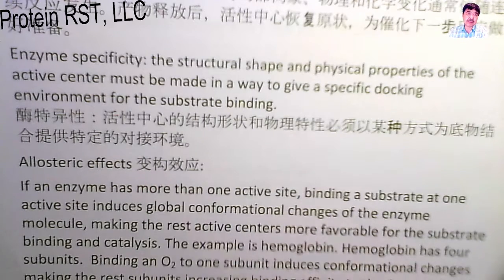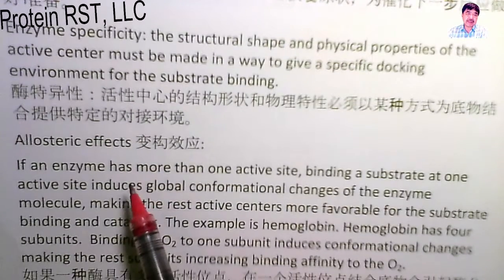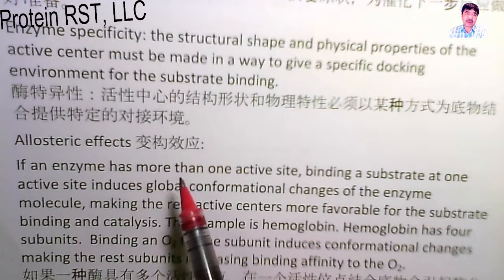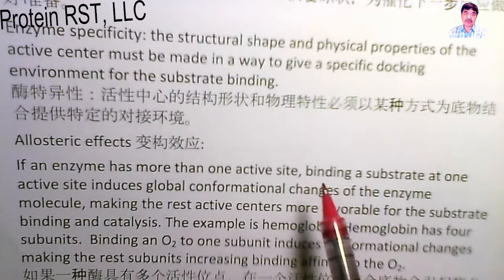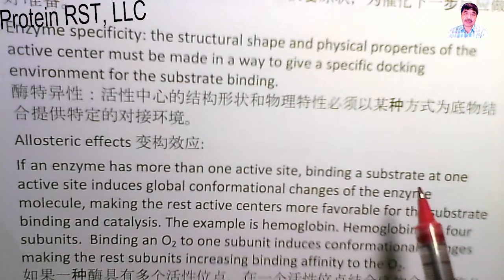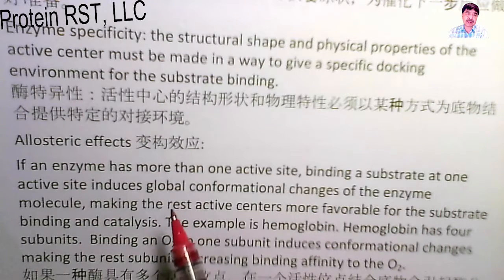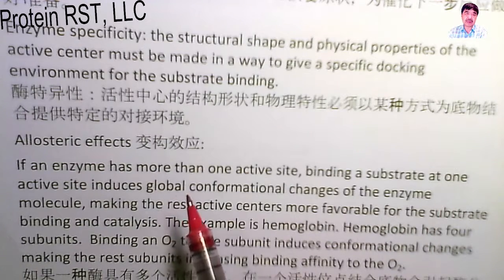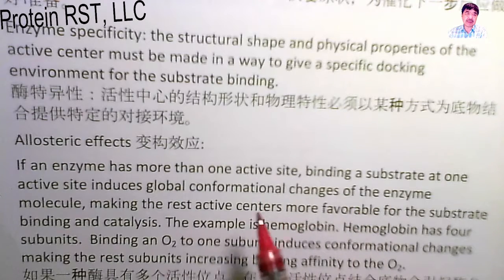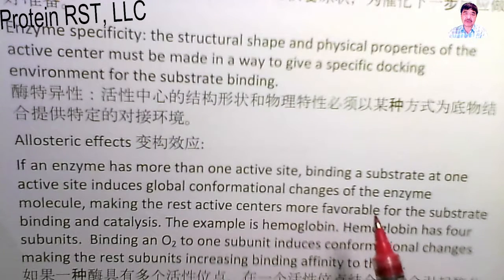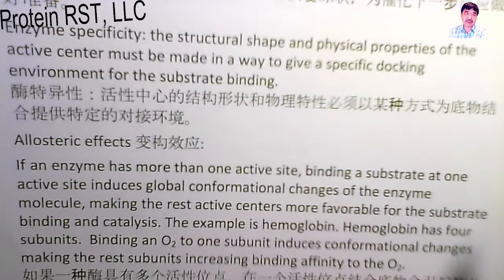If an enzyme has more than one active site, binding a substrate at one active site induces global conformational changes of the enzyme molecule, making the rest active centers more favorable for the substrate binding and catalysis.